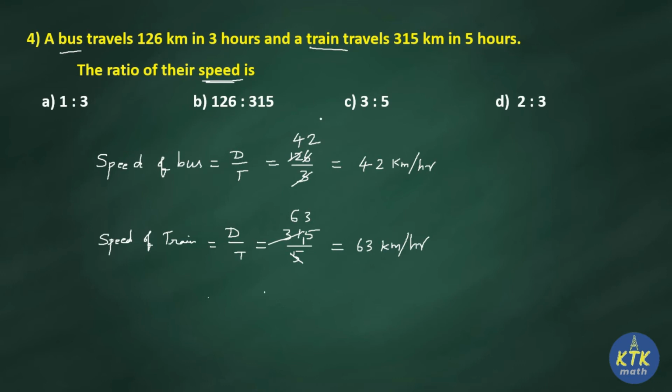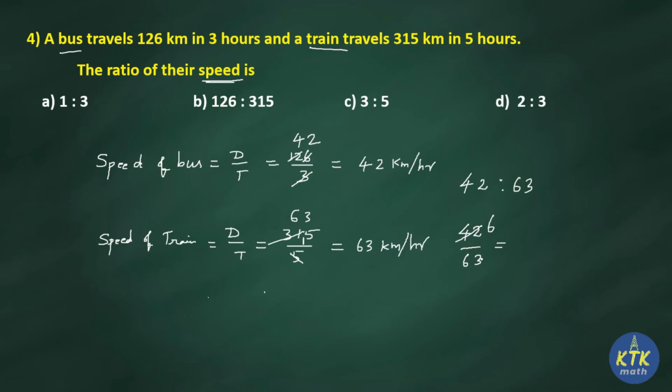But they are asking for the ratio between these two, right? So when you write these two speeds as a ratio, it is 42:63. But that number is not in your options. Why? Because these numbers can be reduced. I can cancel these two numbers in the 7 table, 42 and 63. How many 7s are 42? 6.